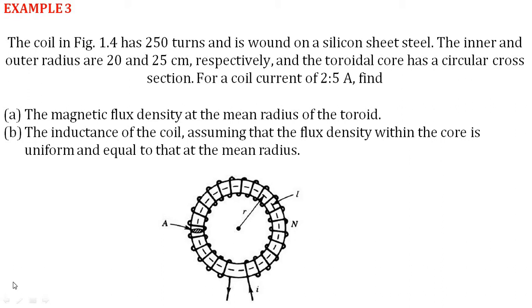The current is 2.5 amps. Find first, the magnetic flux density at the mean radius of the toroid. Second, the inductance of the coil, assuming that the flux density within the core is uniform and equal to that at the mean radius.